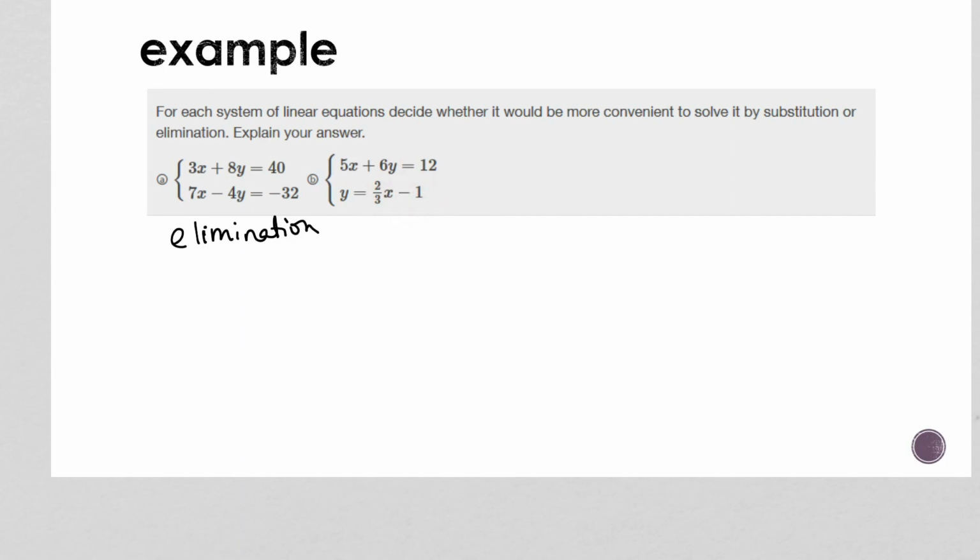So in this one, substitution would be easier. Okay? So again, could you use substitution on this one? Yep. Could you use elimination on this one? Yes. You'd have to manipulate this to be in standard form first, which kind of makes it a pain in the rear. Or you'd have to solve for one of the variables in this, which makes it a bigger pain in the rear. So I'm just saying, use the one that makes your life easier.